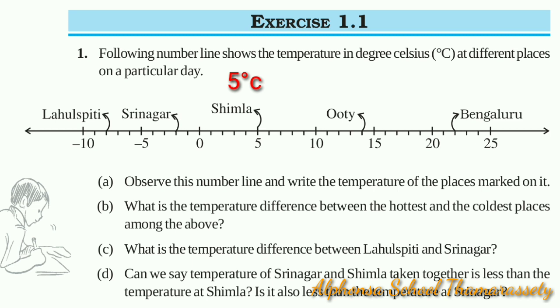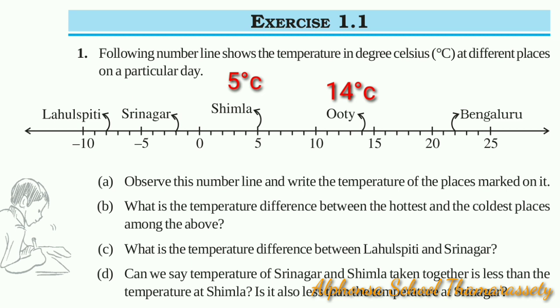The temperature at Ooty is greater than 10 but less than 15. Between 10 and 15 there are 5 equal divisions: 11, 12, 13 and 14. Ooty is marked at 14, so the temperature at Ooty is 14 degrees Celsius.